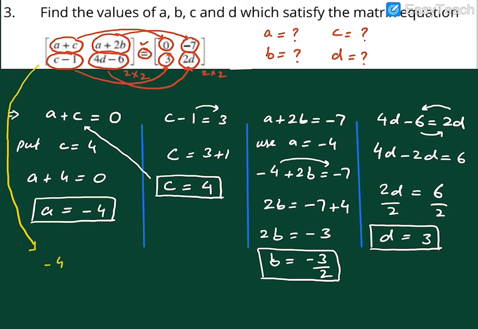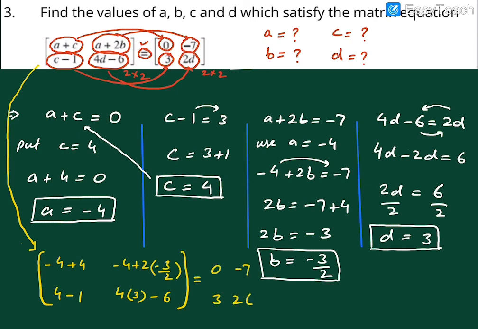A is negative 4 plus C, which is plus 4. A is negative 4 plus 2 times B. What is the value of B? B is minus 3 by 2. Similarly, C minus 1 means 4 minus 1. And we have 4 times D, D is 3, minus 6. I am using the values of A, B, C in the given question, and it equals 0, minus 7, 3 and 2D. What is D? D is 3.